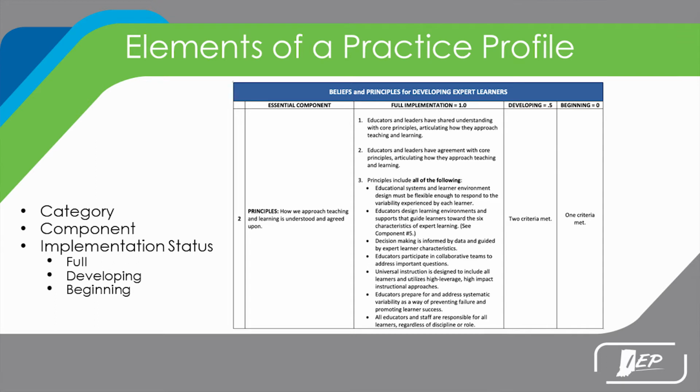under which then we have what are called the implementation status pieces. So we started thinking about and went back and forth with, well, what would we need to see? Because that's what you're doing with a practice profile. You're identifying what you can observe, what you yourself can see and observe, because we're doing a lot of self-reflection with a practice profile that relates back to the essential components.